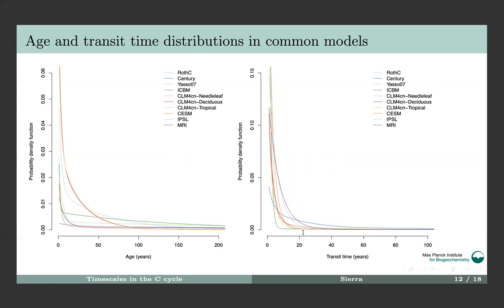The same holds for the transit time: the age of the carbon in the release flux is always very young, but some of the carbon in the release flux can actually be very old. We see in this graph that the transit time is on the order of some decades, and the ages can be on the order of centuries or maybe millennia if we look at the 95% quantiles of these distributions.